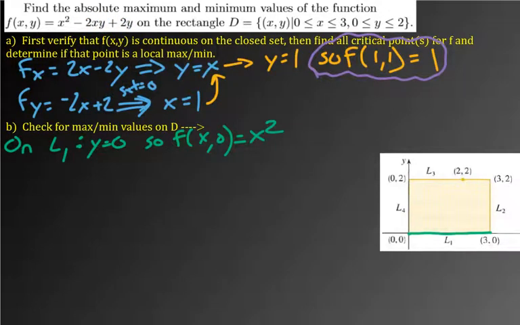And we see that the lowest x value is 0 and the highest one is 3, and so it's not too hard to see that basically we get a min at (0, 0) of 0, and a max at, well, I should say it like this: a min at x equals 0 of 0, and a max at x equals 3 of 9.